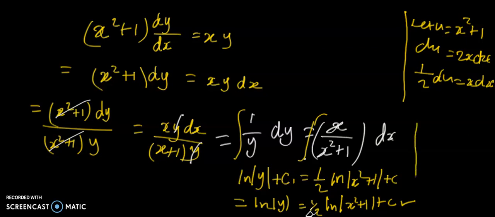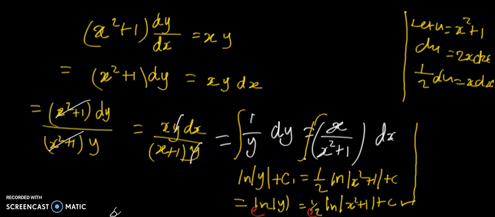If you need to do that, what you simply need to do is to raise both ln of y and half ln of x squared plus 1 plus c to an exponent. We can raise them by e. So if you raise that by e, you will now solve using the exponential function.